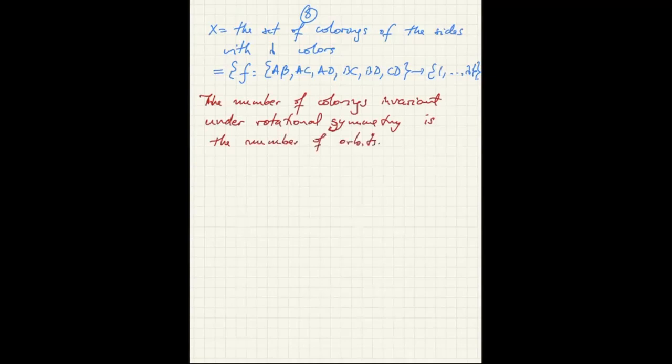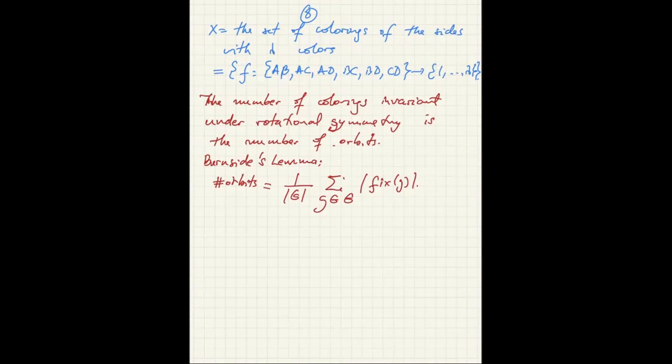And by Burnside's Lemma, the number of orbits will equal 1 over the cardinality of the group, summation over all g in G, the cardinality of Fix(g). So here we're going to count those colorings that are invariant under these various elements of G.